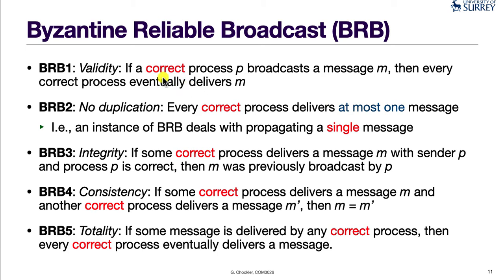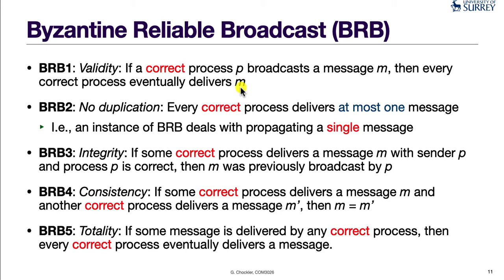The first property is called validity, and it is very close to the validity property we normally require from reliable broadcast in the presence of crash faulty processes. It says that if a correct process P broadcasts a message M, then every correct process will eventually deliver this message.